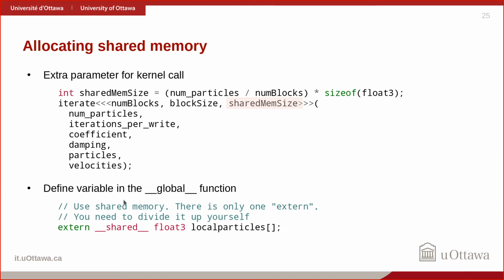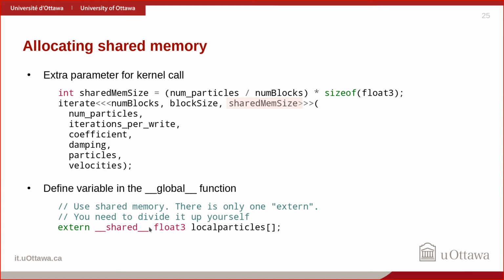And then to access that in the kernel function, you have to define something called extern __shared__ float3 local_particles. So __shared__ tells the compiler that this corresponds to shared memory. And for local particles, you'll notice that there's nothing in the brackets. It gets its size from the argument you put in your kernel call here. And there's only one extern shared.